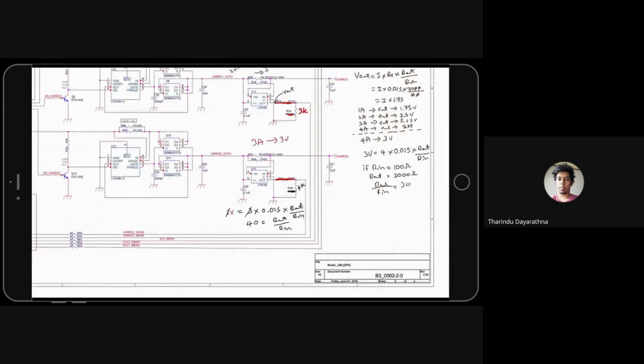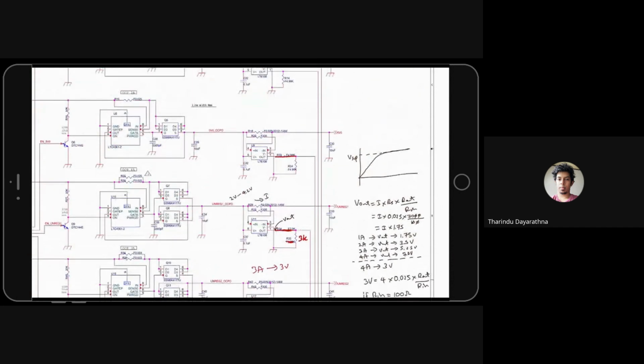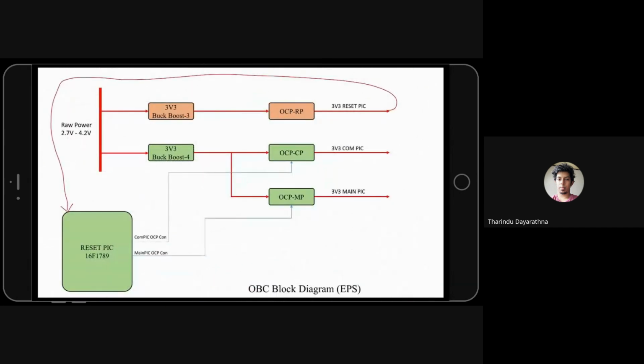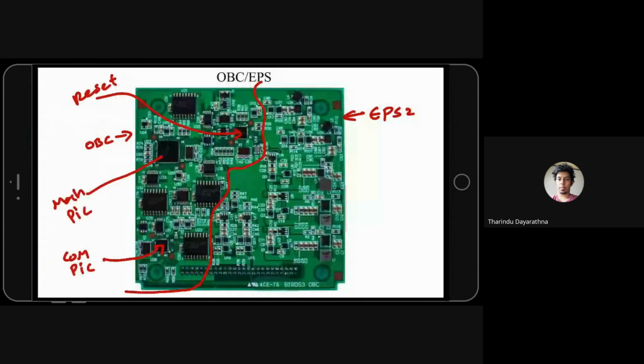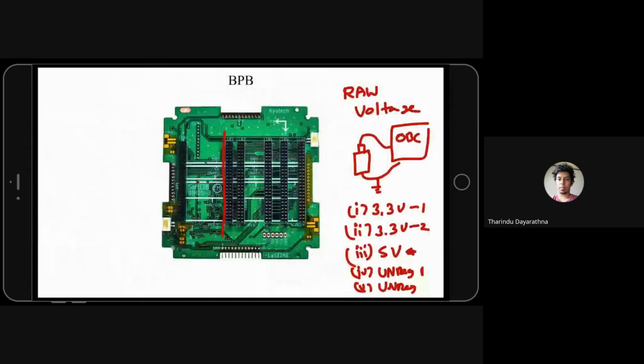But we also need to isolate the load during the testing. What you can do is very simple. I'll show how to do it. Plug the OBC in the back plane here.